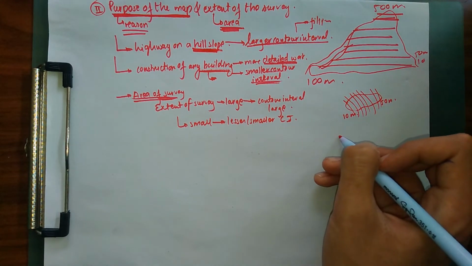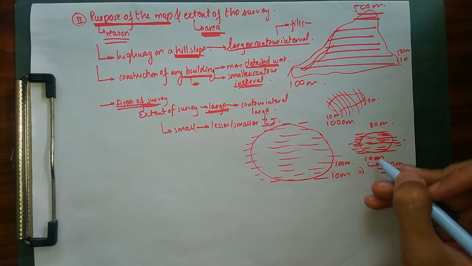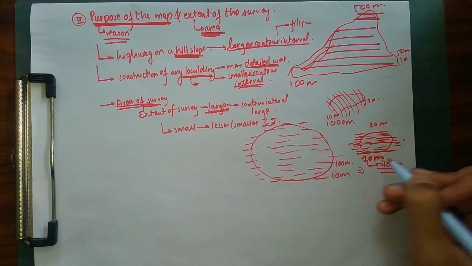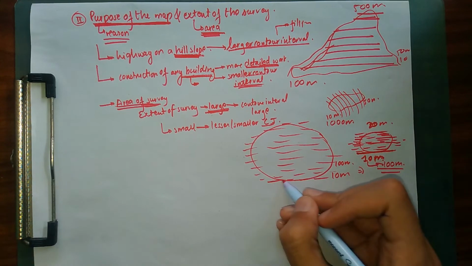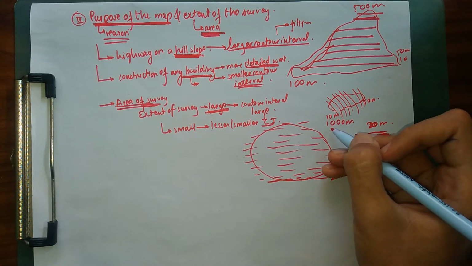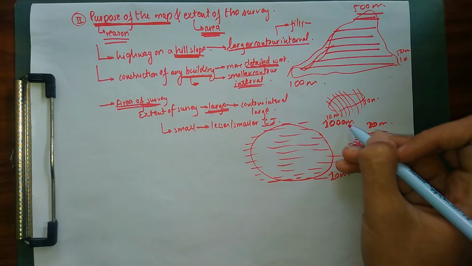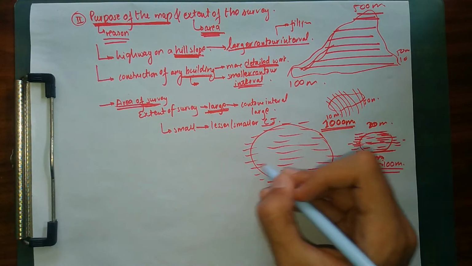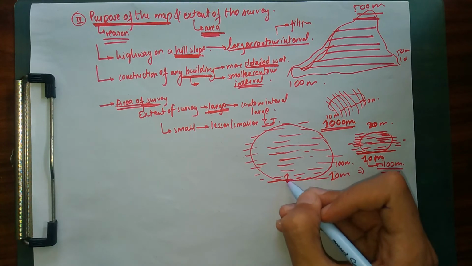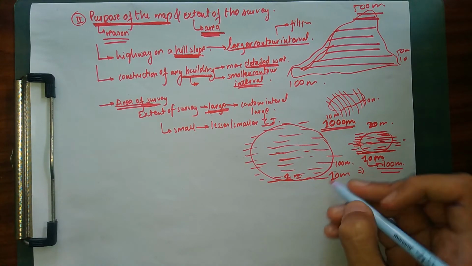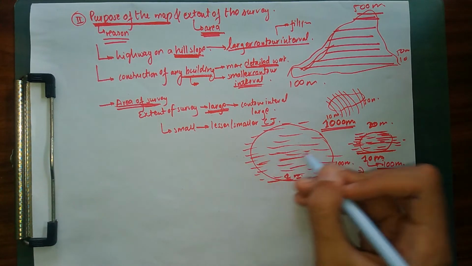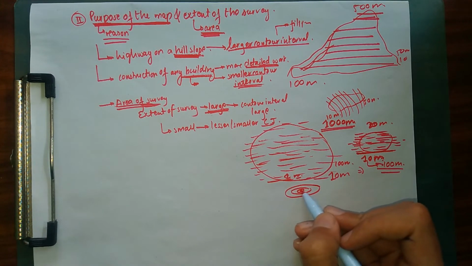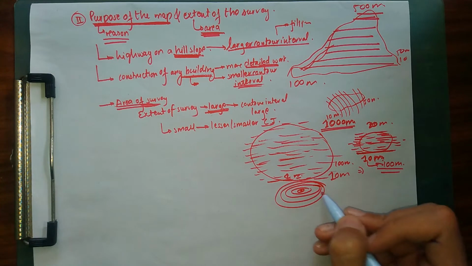So let's say for our example, I have drawn two areas. This area covers a vertical height from 10 meters to 20 meters, while this larger area covers from 10 meters to 1000 meters. As I have already explained before, if I choose a small contour interval of 1 meter here, I'm going to have too many contour lines, my whole map is going to look congested, and two contour lines might intersect as well.